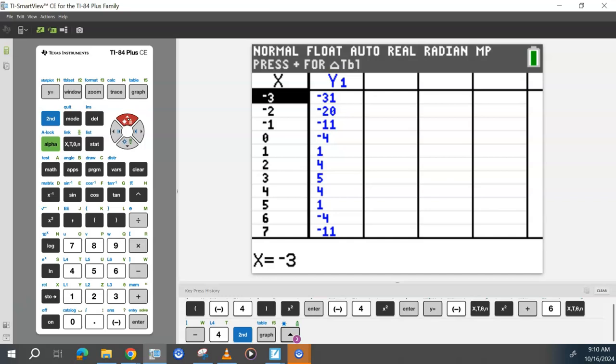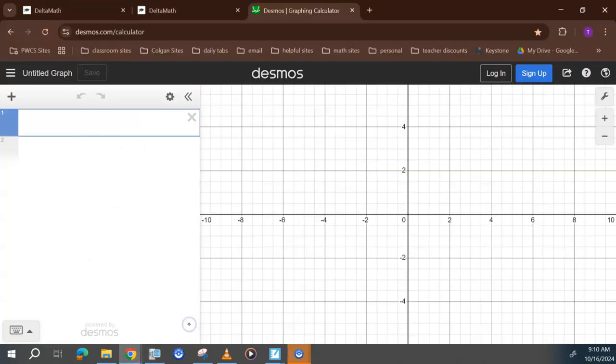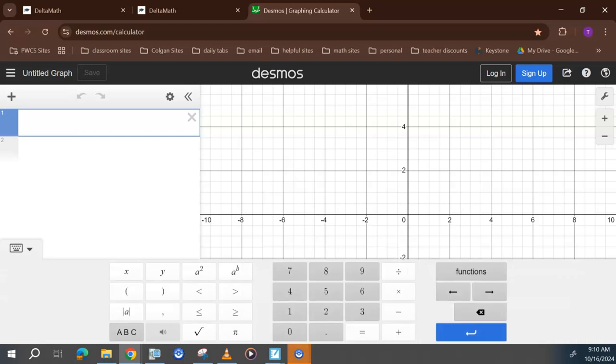Questions about that? Now, while you can't use Desmos on the test, while you're practicing on the Delta Math, you could, so let's say I put that in.